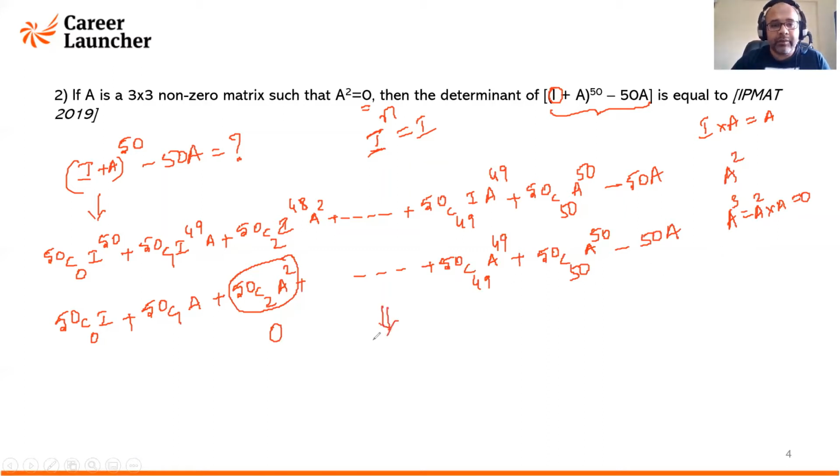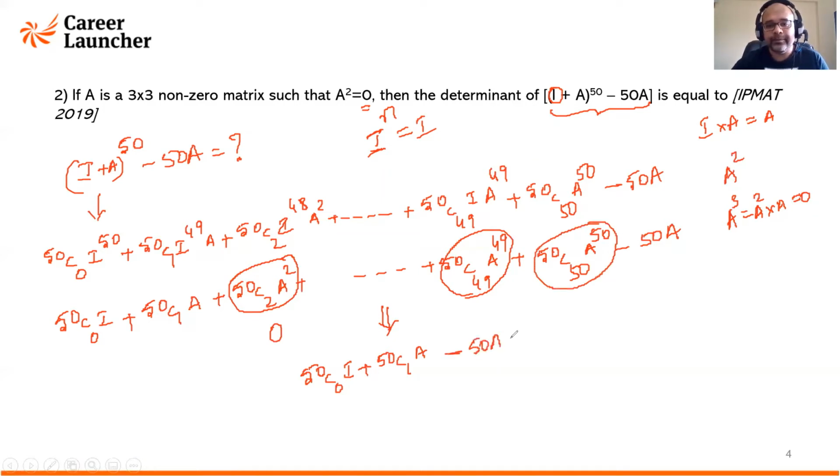So this will straight away become 50C0 I plus 50C1 A, and everything else, wherever there is a power of A more than 1, those are 0. So all of them will vanish. The only thing left out will be minus 50A.